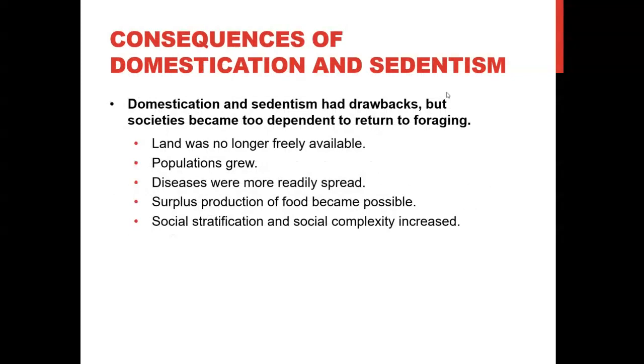All right, moving on. So, consequences of domestication and sedentism. Domestication and sedentism had drawbacks, but society became too dependent to return to foraging. So this is very important. A lot of people, when they talk about domestication, talk about it as if it's a choice. Like, oh, hey, I could have hunted and gathered, or I could have domesticated. I'm going to choose domestication.